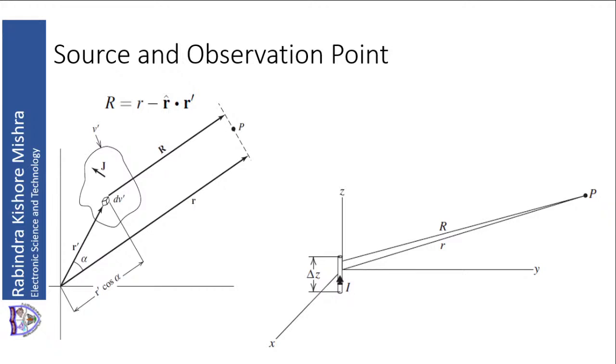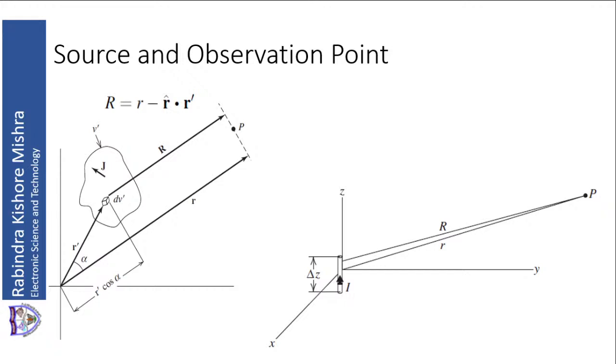As you know, capital R here, delta V dash is the elementary volume which is enclosing the source. r dash is the position vector of the elementary volume dV dash. Then from the point r dash, we are going to the observation point.